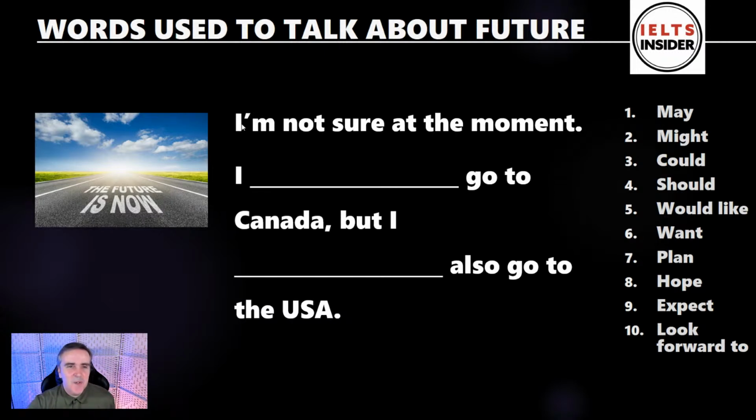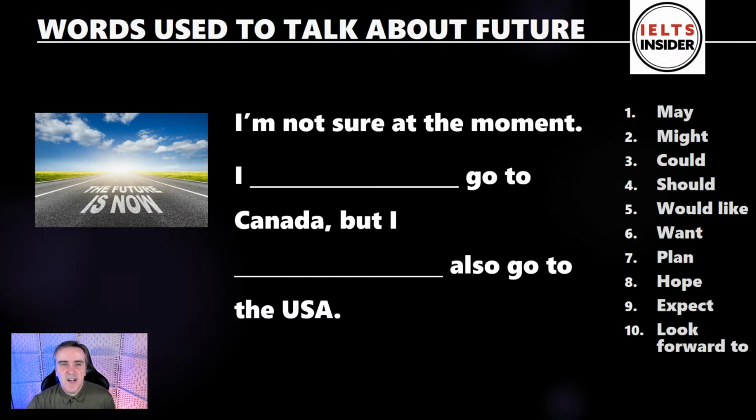The big clue here is I'm not sure at the moment. So earlier we had a good chance of something happening. We were using should. This time we're not sure. So it's 50-50 here. So which three words do you think we could use for these two spaces?